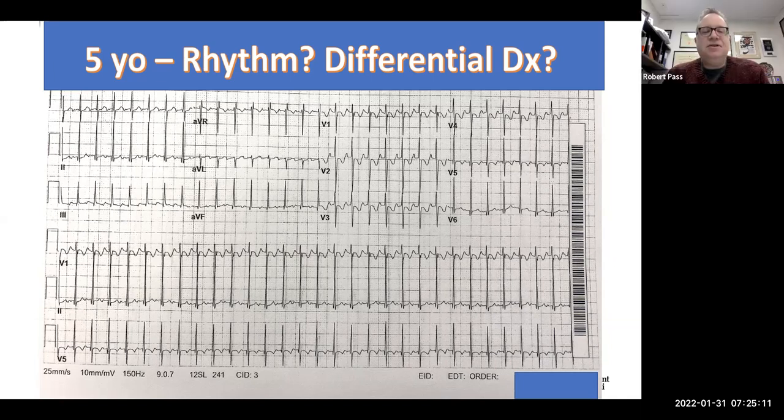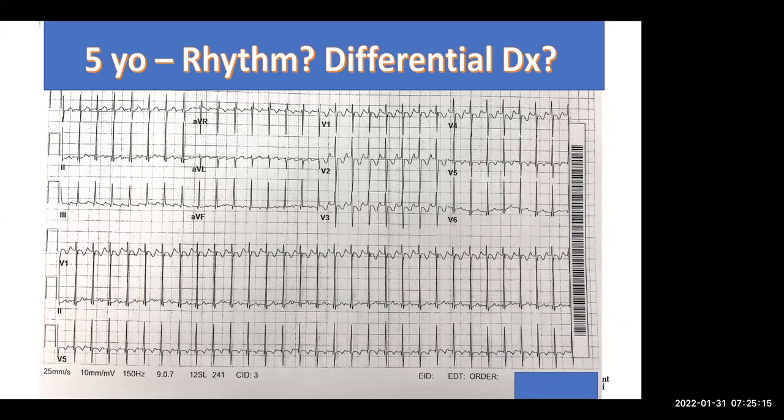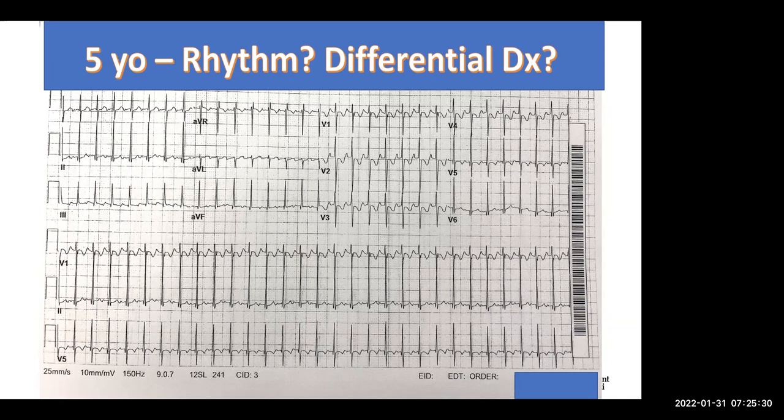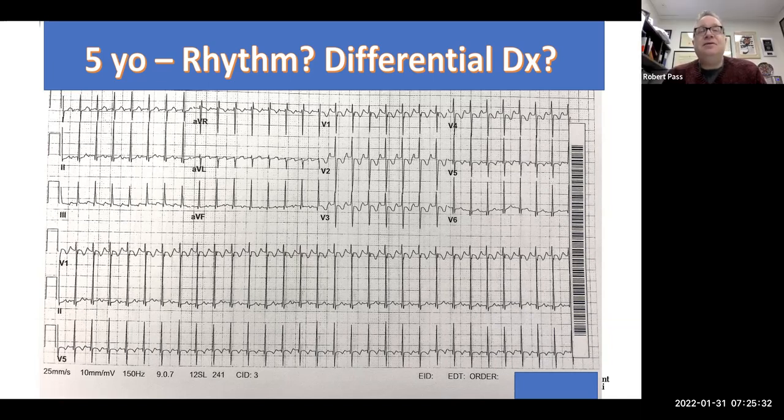Okay. What is the heart rate, first of all? The heart rate is 300 divided by 1.5, so about 200. Right. First question is, do you think it's likely that a 5-year-old who's lying down and getting a 12-lead is in sinus rhythm at close to that rate?